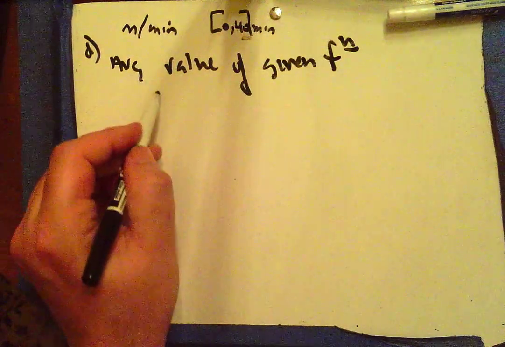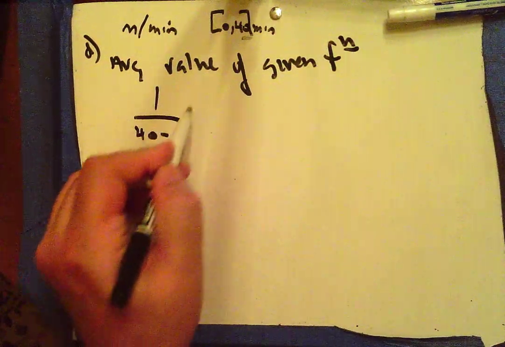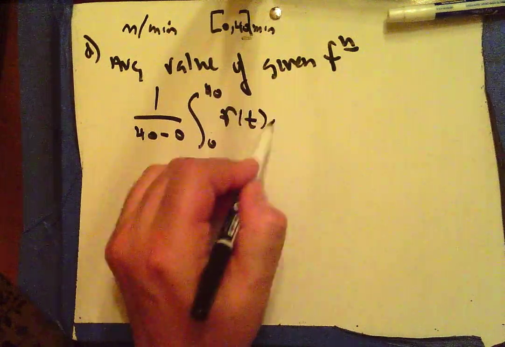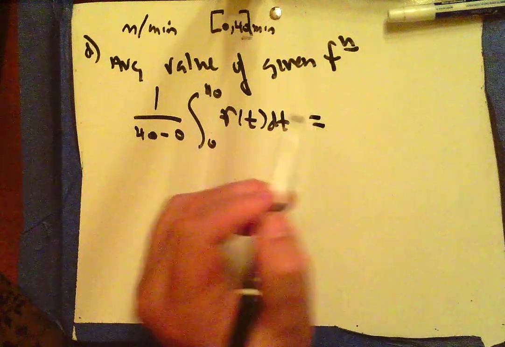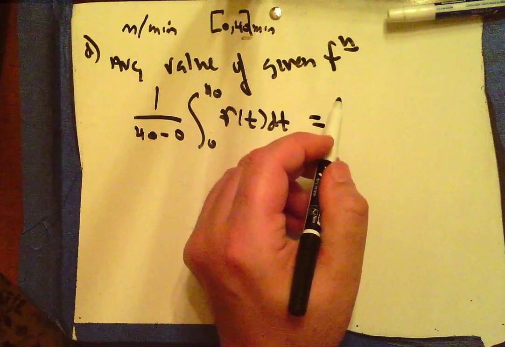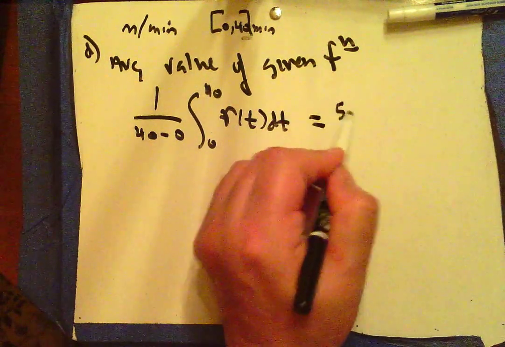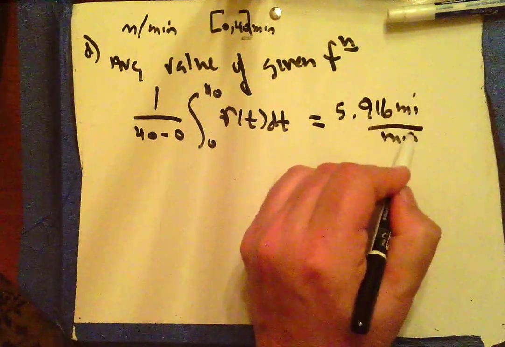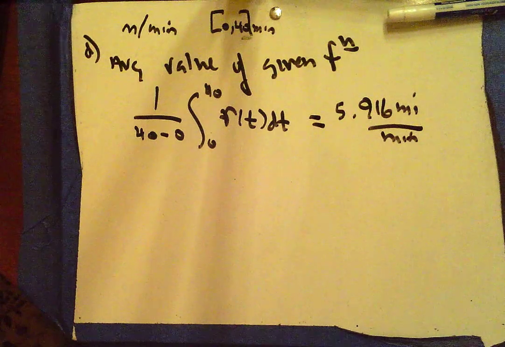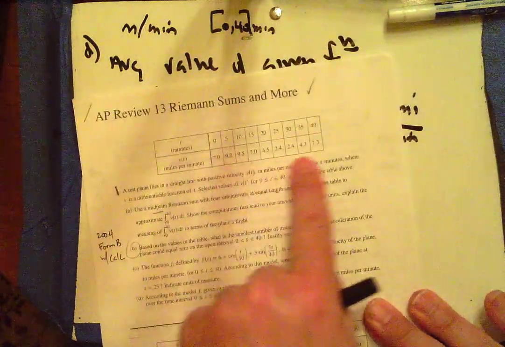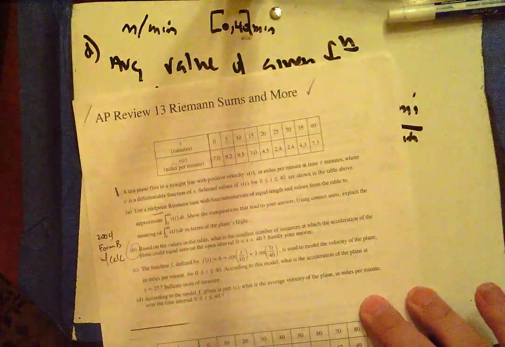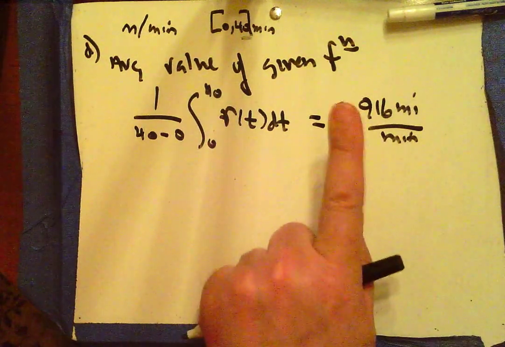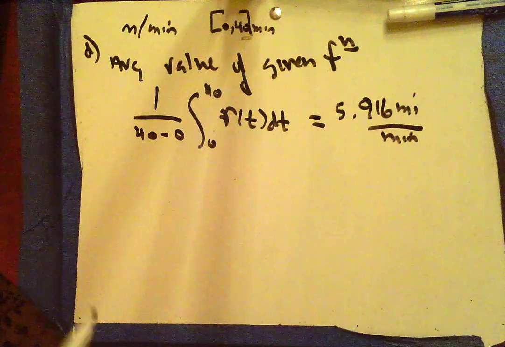So we want 1 over 40 minus 0, integral 0 to 40 of f of t dt, and when we do that in our calculator, 5.916 miles per minute. So if we were to consider the average of all the different velocities from 0 to 40, the average of all those velocities given our f function will be this many miles per minute.